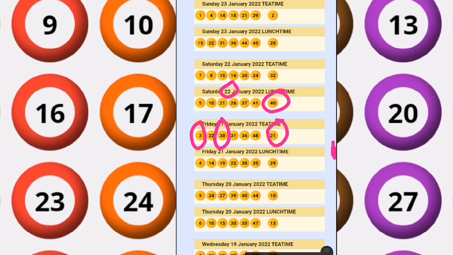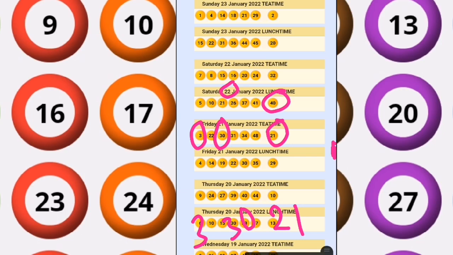Let's assume that on this date strategy, you find out that 3 has dropped here, 30 has dropped here, and 21 has dropped on this result.